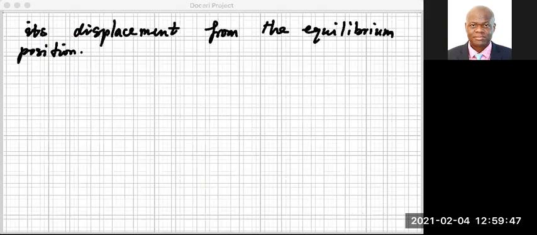And just for emphasis, we're going to define equilibrium.